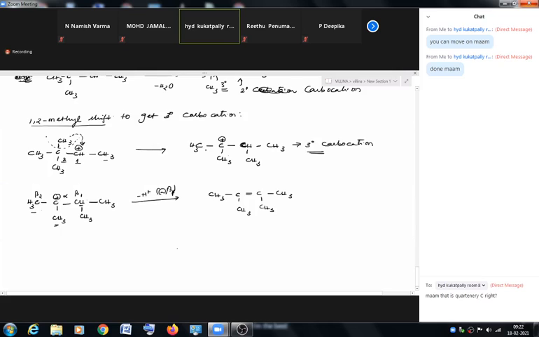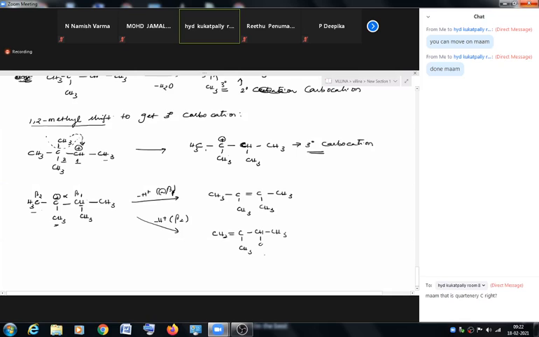Now in the next possible arrangement, the same removal of H plus but from beta 2, means the terminal ones. So what is the possible product? CH2 double bond C, CH3, C, CH3, CH3.